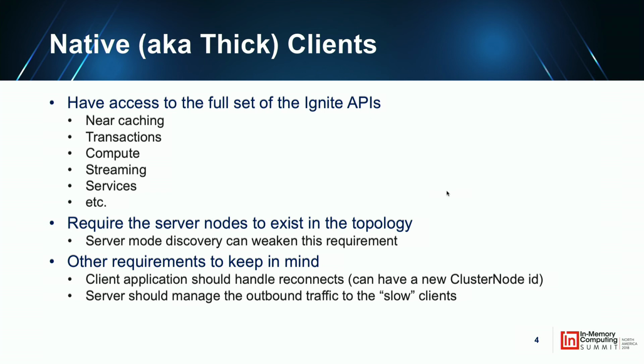And so there may be either a queuing issue on the server side or stalls or blocks. So the server should be aware of the topology, be aware of the specifics of the clients, and properly configure the limits for the cache or for the queues for outbound messages from the servers to the clients.